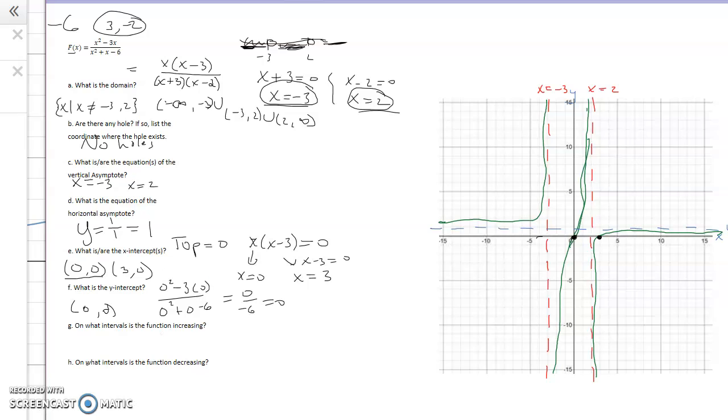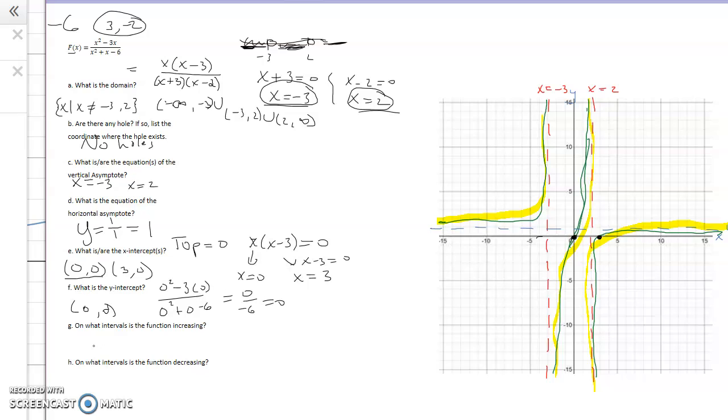So now let's think about this. Where is this function increasing? Well, is it going up? It's going up over here, right? It's also going up on this piece, and it's going up on this piece. But this is not one continuous graph, so we can't write this as -infinity to infinity.